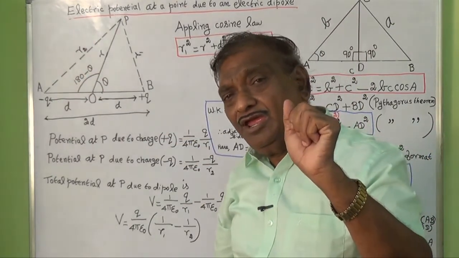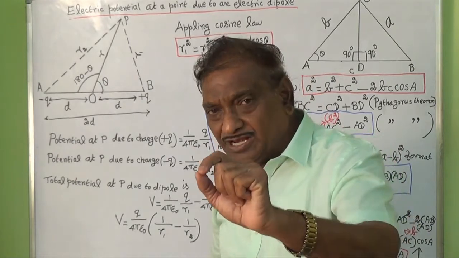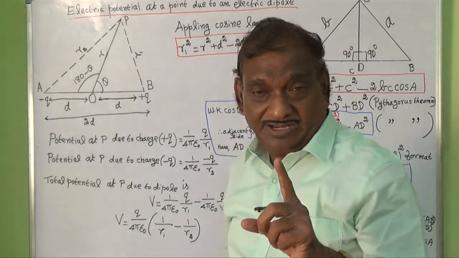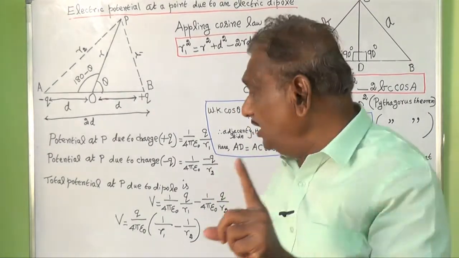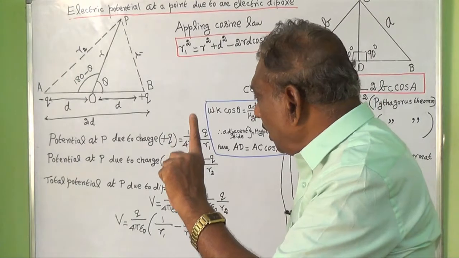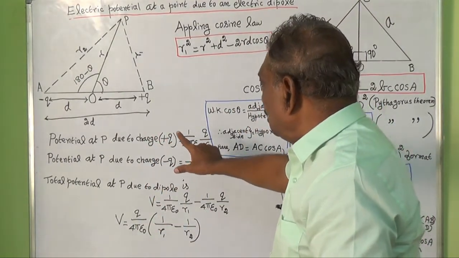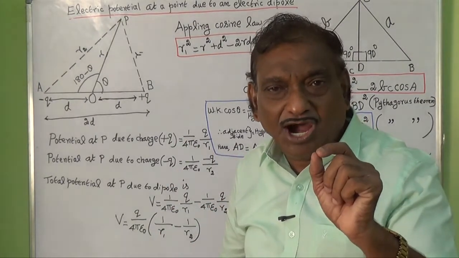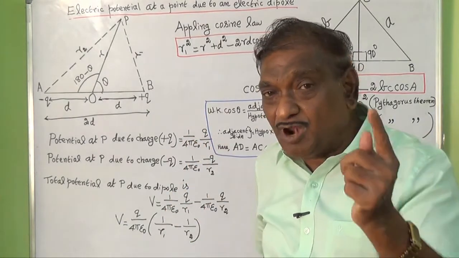How can we derive the formula to find the electric potential? Let us see. We know that the formula for the potential at a point P due to the charge plus Q is 1 by 4 pi epsilon naught Q by R1. What is the general formula?